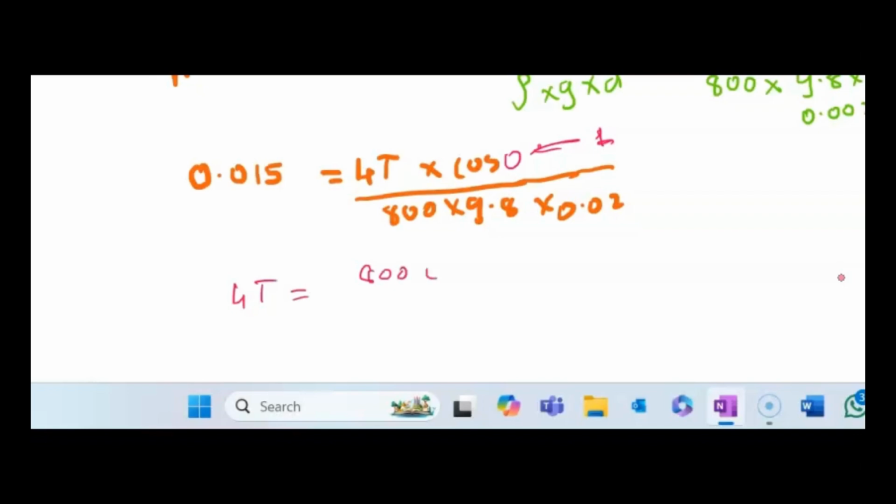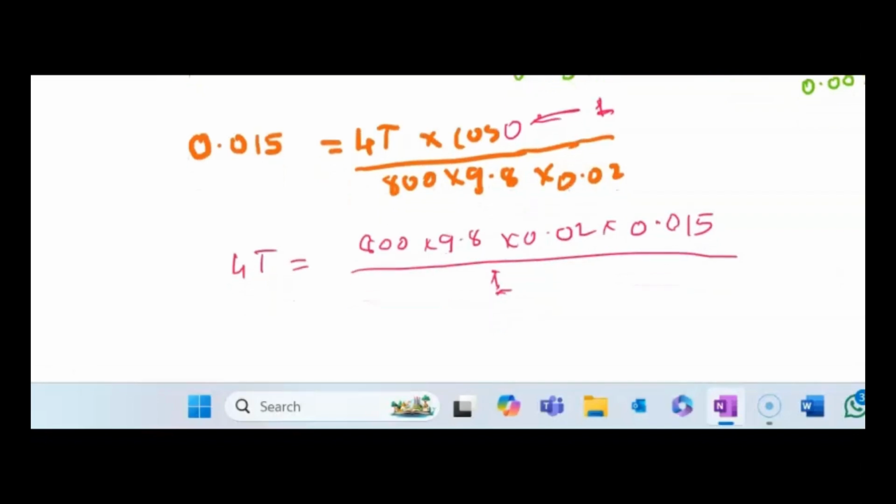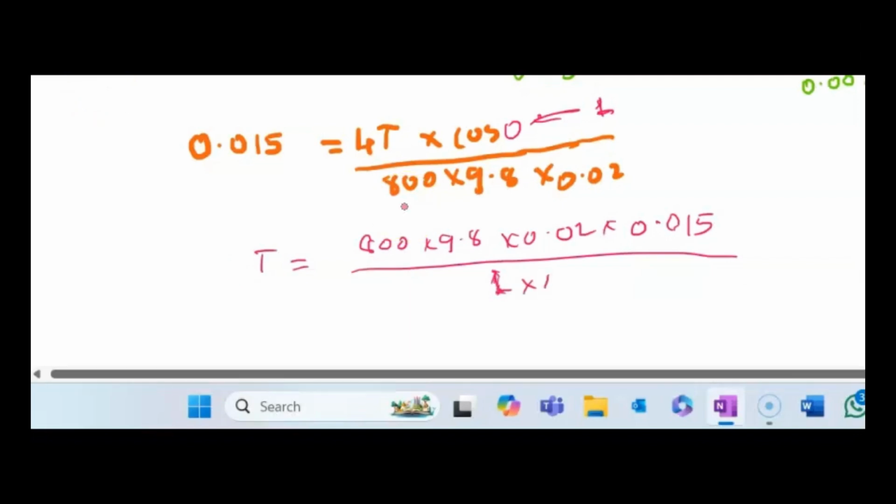So 800 into 9.8 into 0.002 into 0.015 upon cos 0, that is 1. Now if you want to find T, you divide by 4. Finally, you'll get T as 0.06. So 0.06 will be your answer.